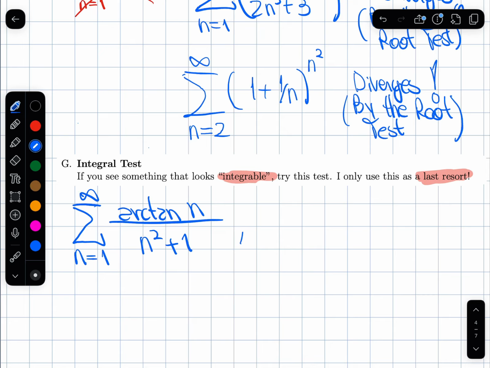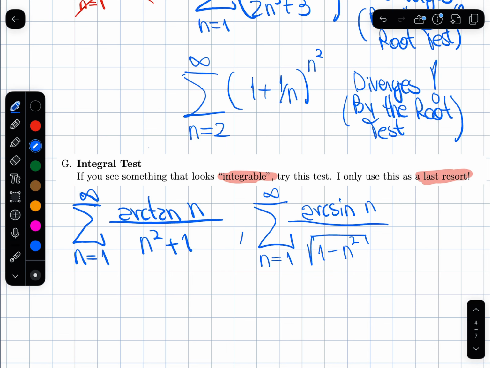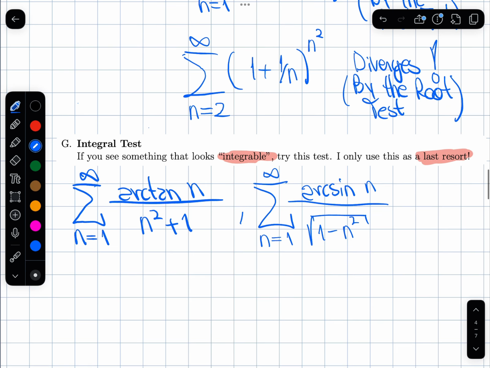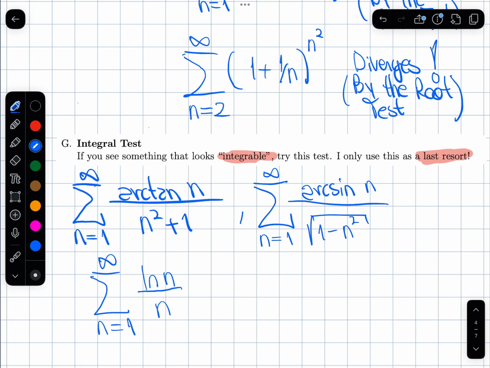And now another variation of this, I can use an arc sine as well. Something like this you can try. Maybe try the integral test with this. And maybe something like this also. Something here that looks integrable.